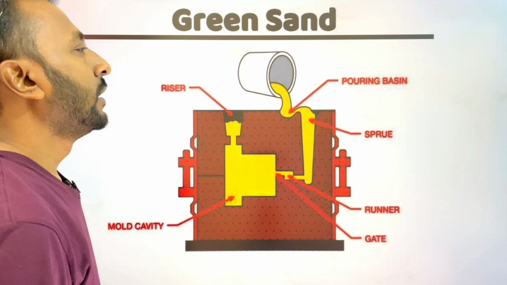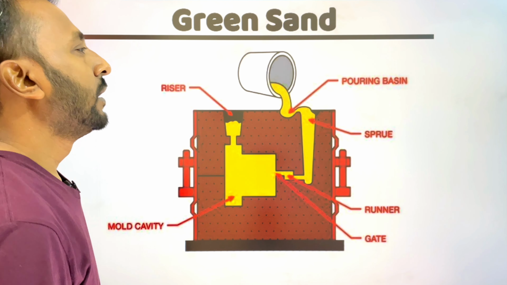Firstly we prepare green sand, and after that we bake the green sand and dry it in an oven, that is called dry sand. So dry sand is like green sand, but the moisture content is very low in the dry sand. What are the characteristics?